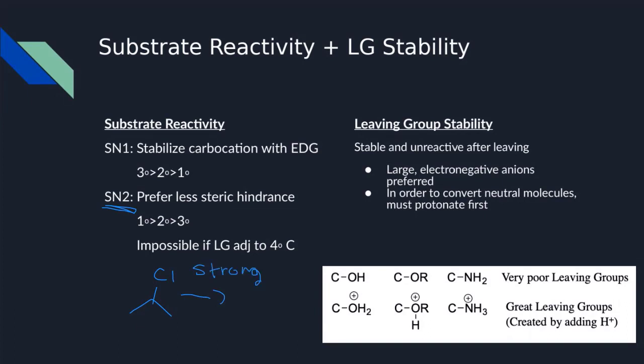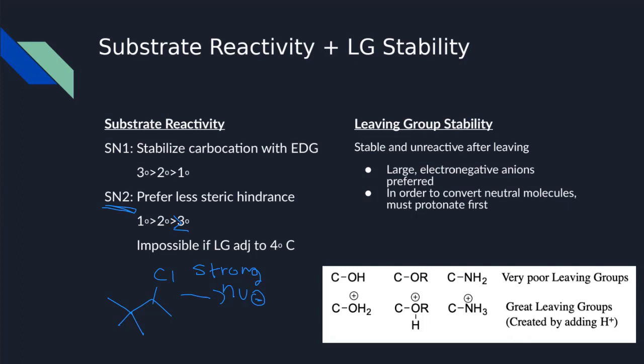It doesn't matter if this carbon over here has four bonds, if it's a quaternary carbon, it cannot be an SN2 at that point. Similarly, tertiary will also be very slow to happen. You will typically prefer to go SN1 if you see your leaving group on a tertiary carbon.